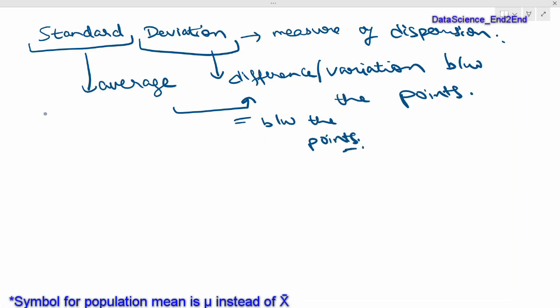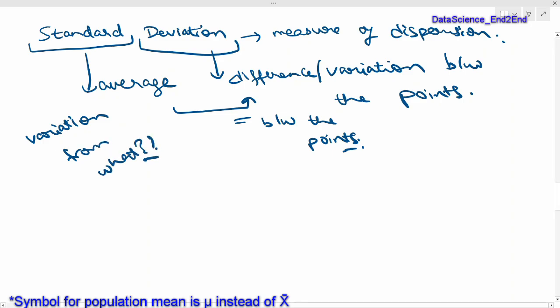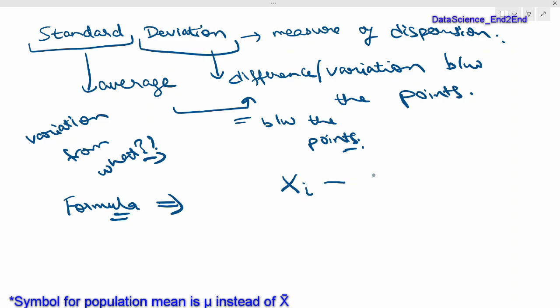But the question arises, variation from what? To answer that question, let's move to the formula of standard deviation. So basically what we do is we calculate the deviation or variation of points from the mean. This is the deviation we are talking about.